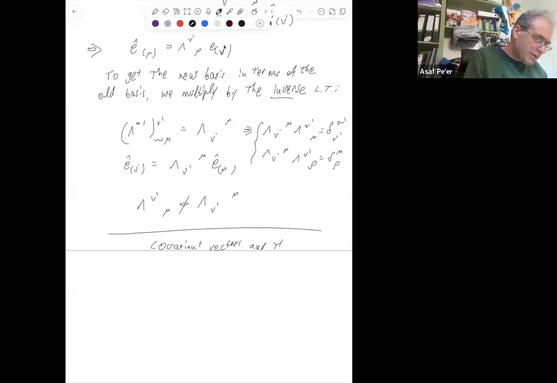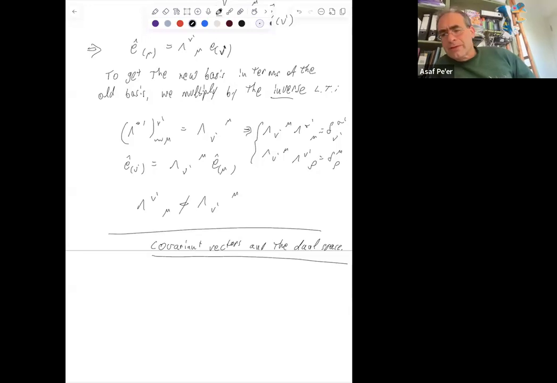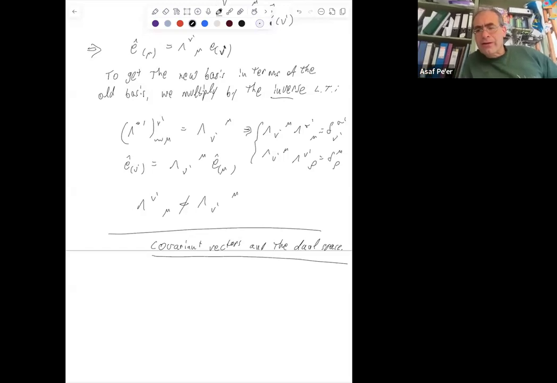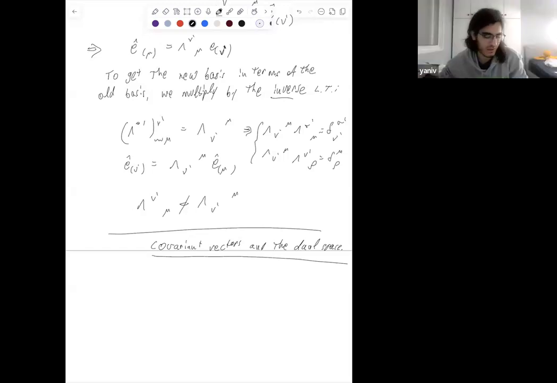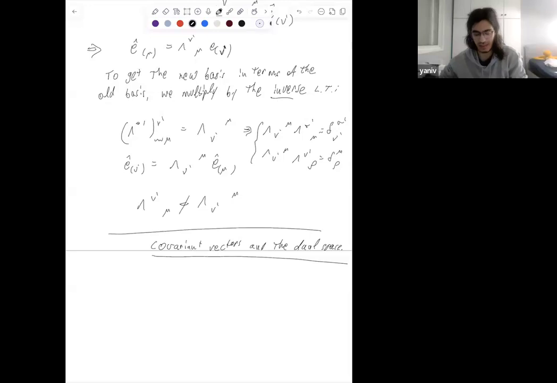And the dual space. Now, I'm pretty sure you have heard of dual spaces in linear algebra. Have you? Some of you may not fully grasp them. I didn't hear about them, so could you explain what they are?